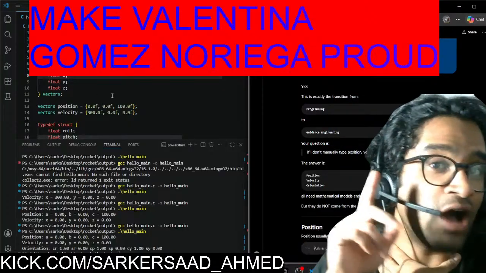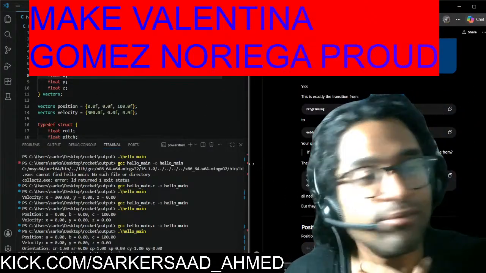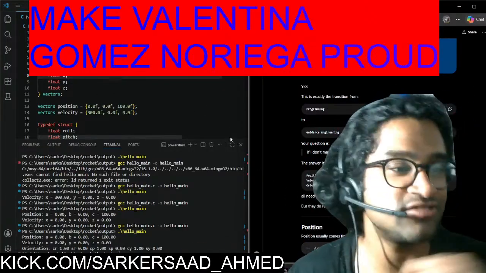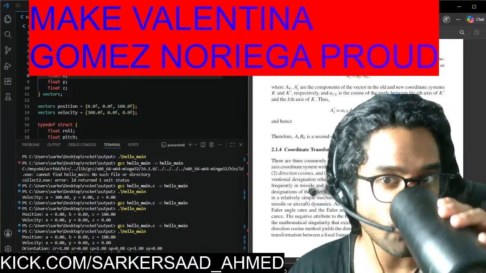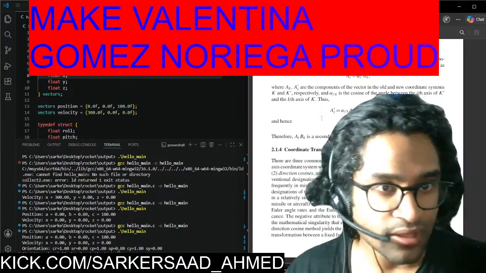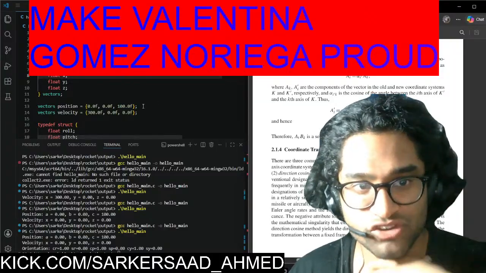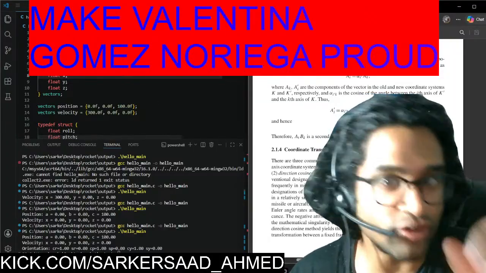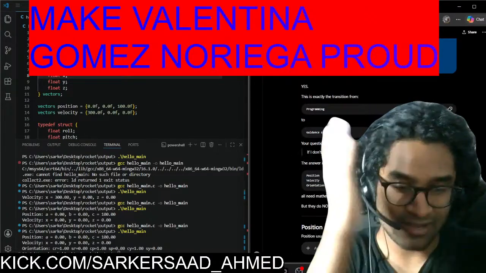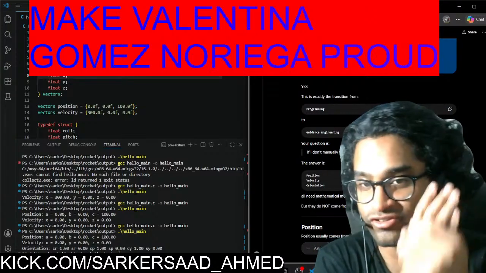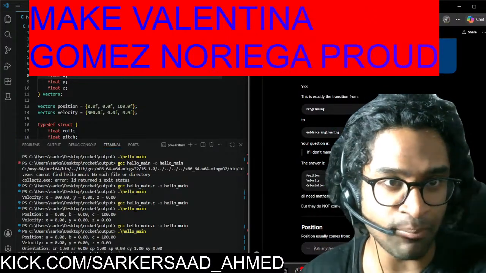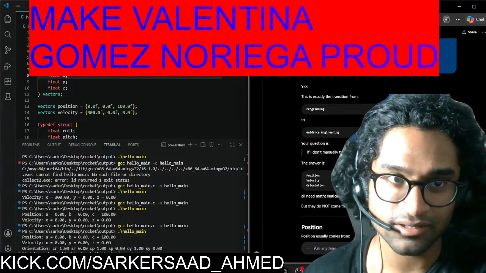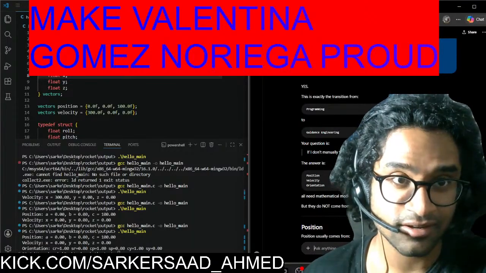Okay, so I cannot just randomly import values. I need an equation for it because this book, I understand, is teaching, but you need an equation for position. You need an equation because you want to train the model. Your main aspect is that you want to train the model. But training the model is done by Python, not C, right?